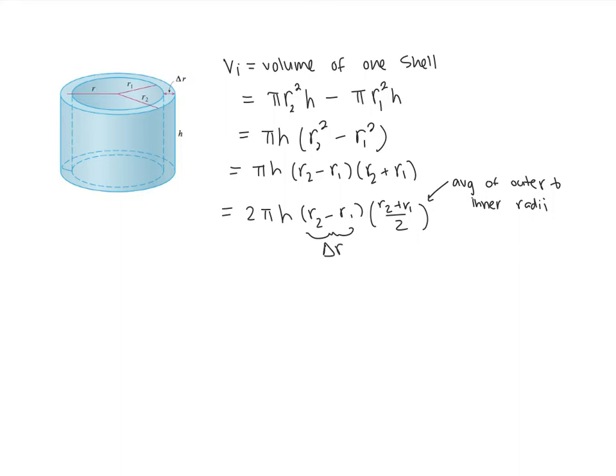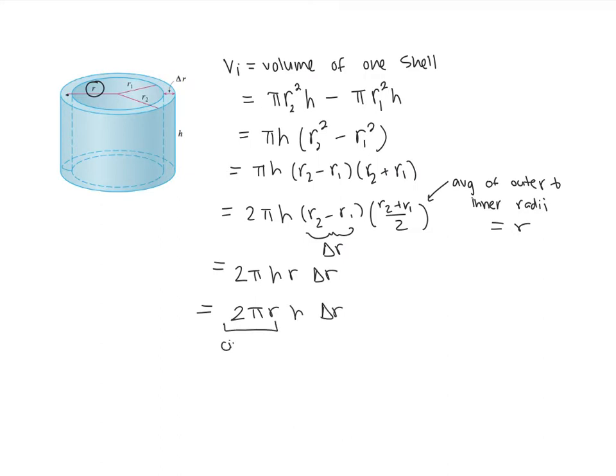So another way to write this, you rename this thing r. See how it's called r in the picture as well. So that is the same thing as 2 pi h r delta r, or rewritten a little differently, 2 pi r h delta r.